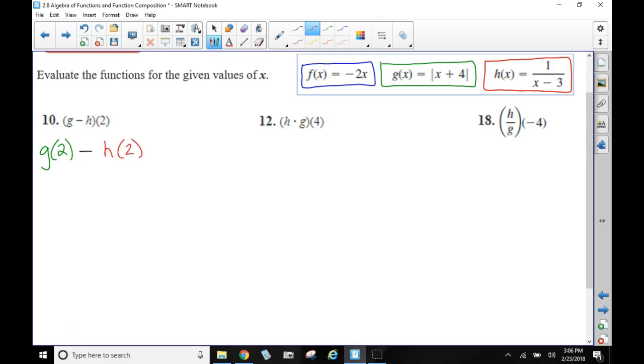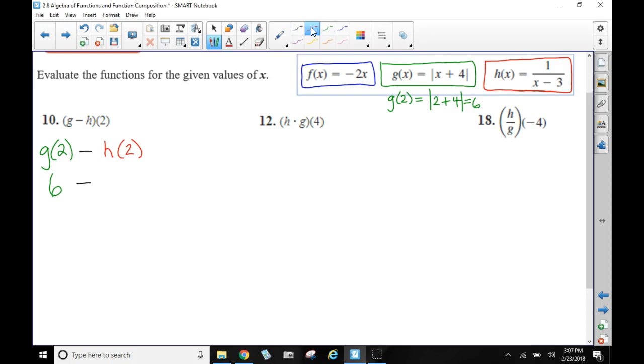Now we're going to compute the green term and the red term separately. To calculate g at 2, we go to our g function and replace x with 2. And so we have the absolute value of 6, which is 6. I'm going to put that in over here: 6 minus, what is h evaluated at 2?